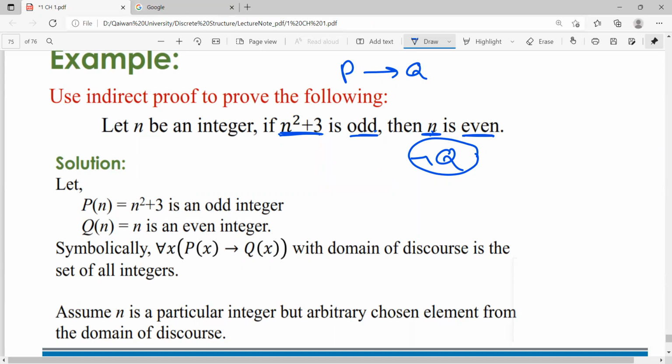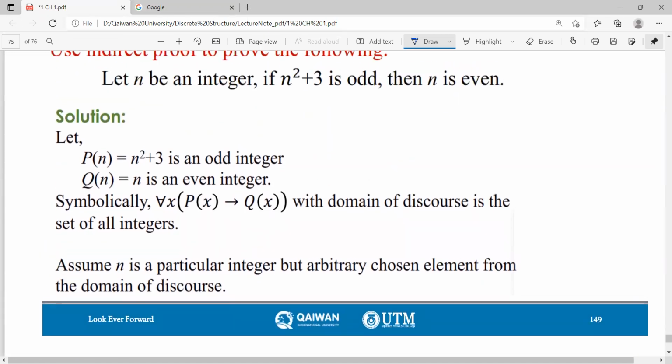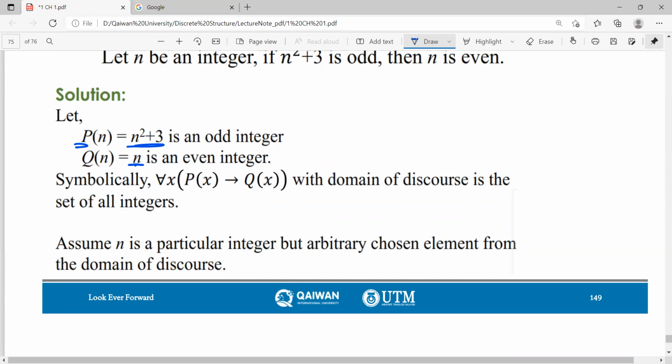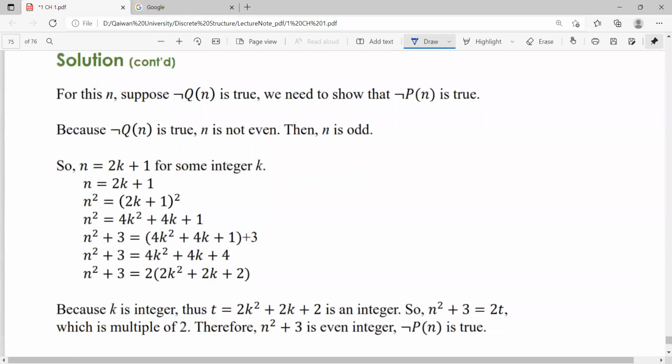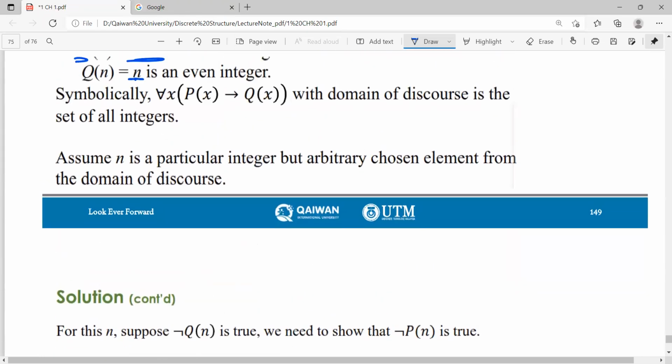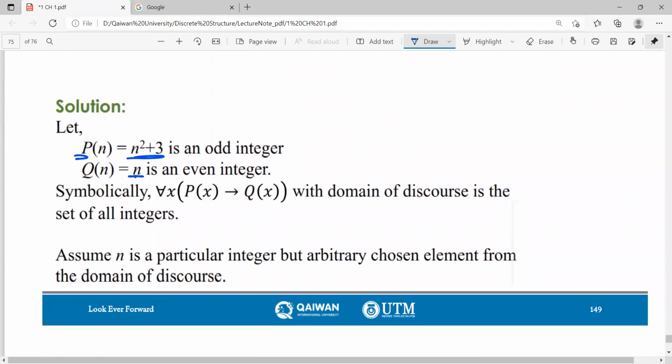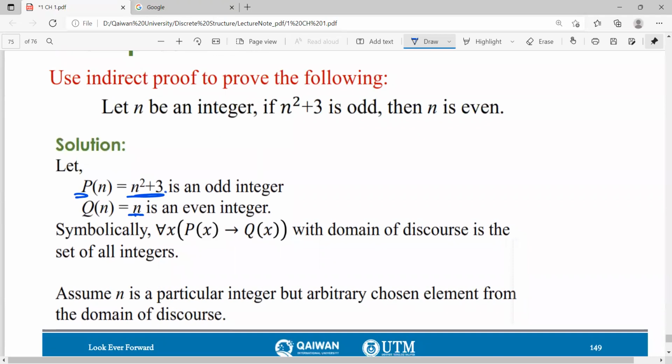That means it's the same as to prove that directly. This is indirect proof. What we do here, we say P is this statement: n squared plus 3 is an odd integer. And Q of n is: n is an even integer. We should take the negation of Q and negation of P. That means, look, P is n squared plus 3 is an odd integer.